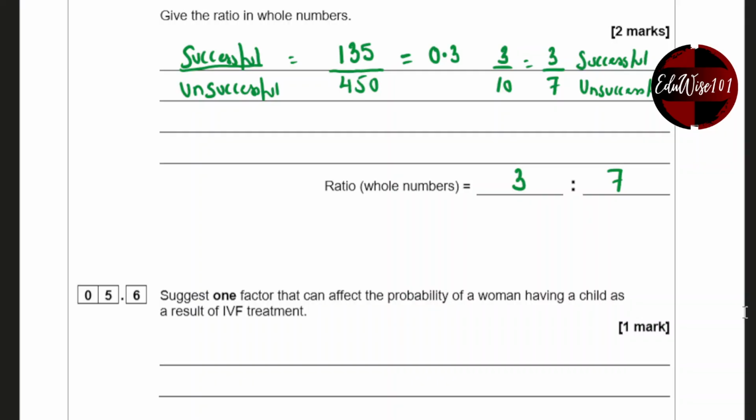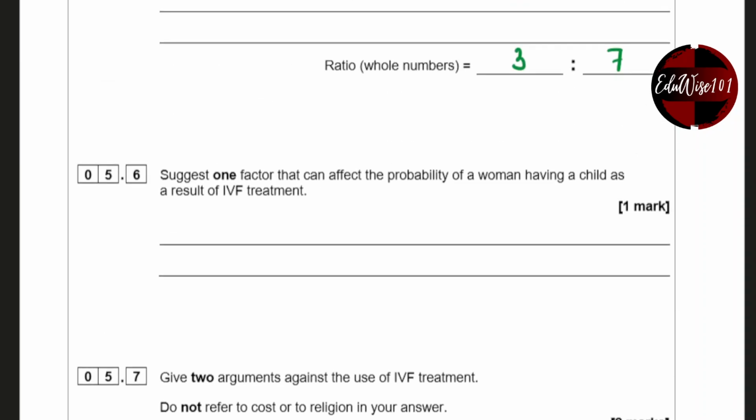Suggest one factor that may affect the probability of a woman having a child as a result of IVF treatment. Well, one of the main things is age that affects whether women get pregnant through IVF or not. But there are other reasons as well.